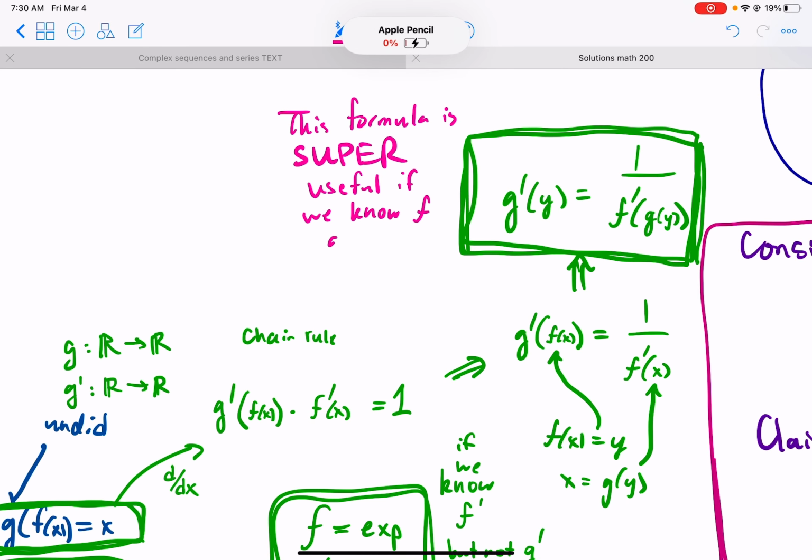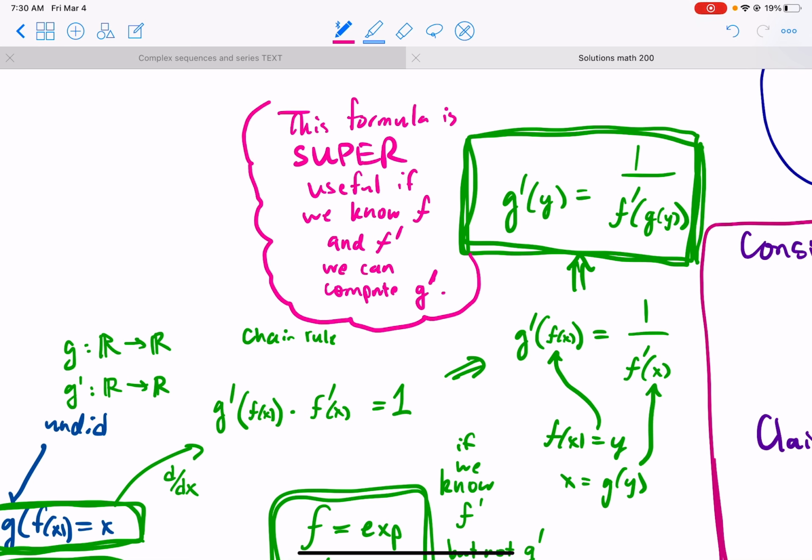If we know f and f prime, like we're going to know the exponential function and we know f prime is again the exponential function, then we can discover the derivative of log, the inverse function, which would be little g in this case. Okay, so if we know f and f prime, we can compute g prime. That's the whole point. We will use this in the next video.